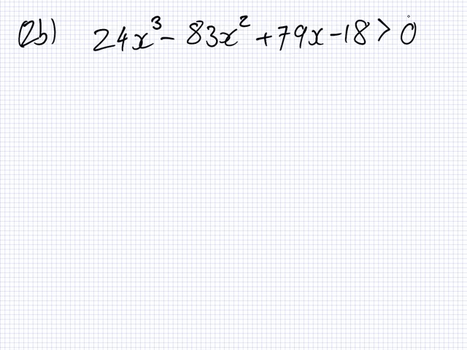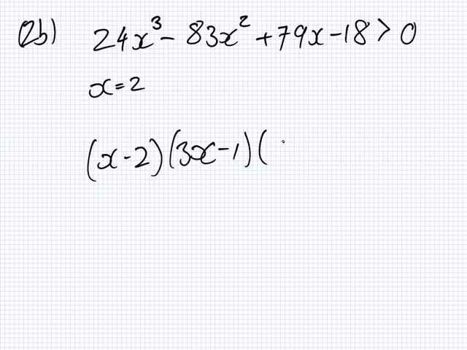Well, what was the one that you found by guessing? 2, okay. So you had x equals 2, so that means x minus 2 is a factor. And when you divided, did the quadratic have factors? Yeah, okay, so what were those factors? The root, yeah, so that would be 3x minus 1, yeah? So 9 over 8 was the other one, was it?